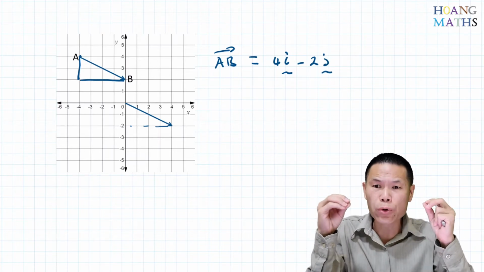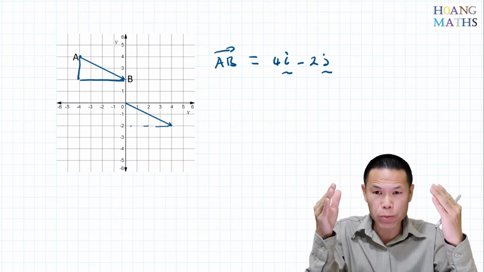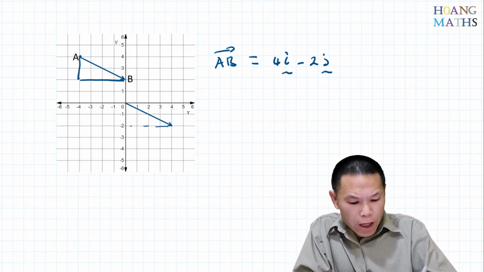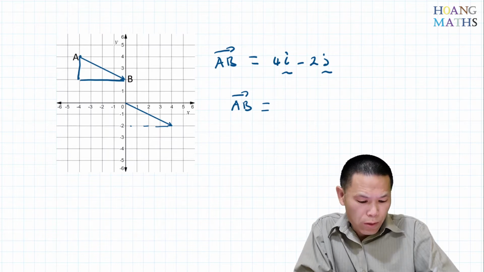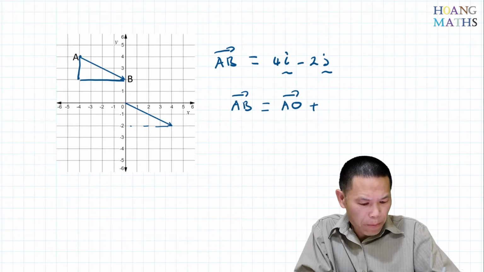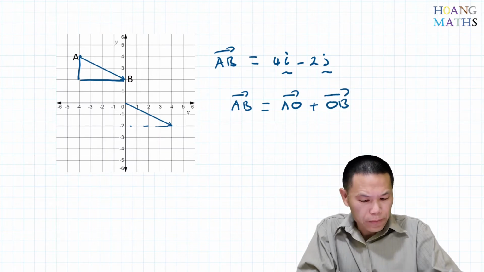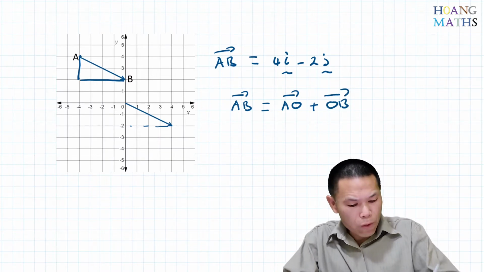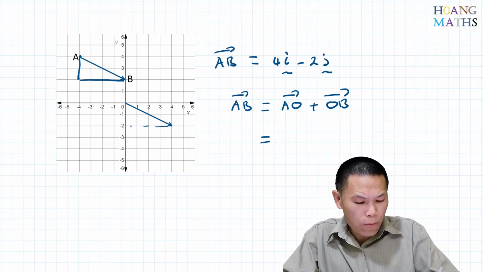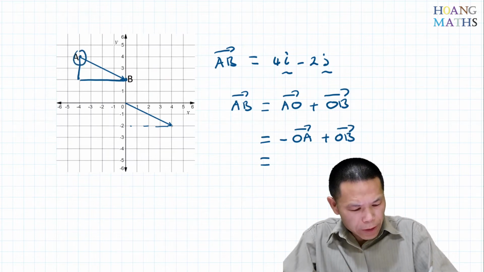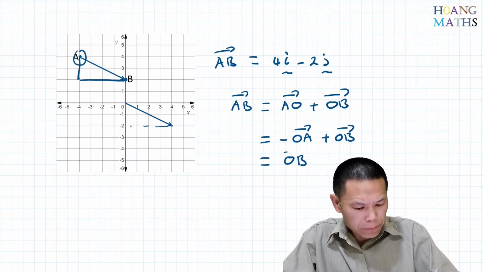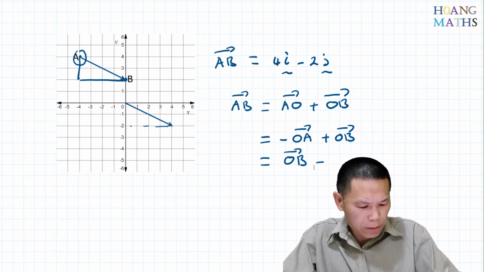Otherwise, you can also work out AB algebraically. We know that AB is equal to AO plus OB. We know that AO is negative OA, so that is equal to OB minus OA.